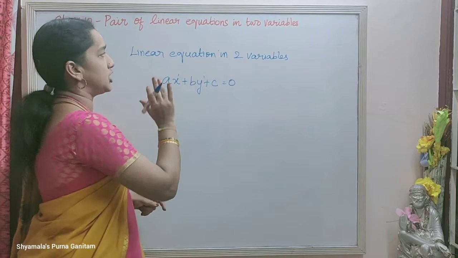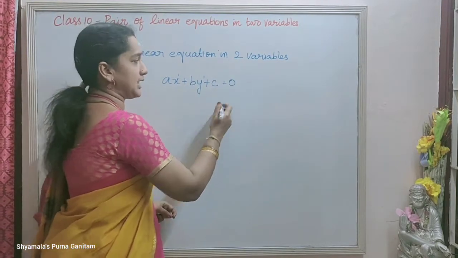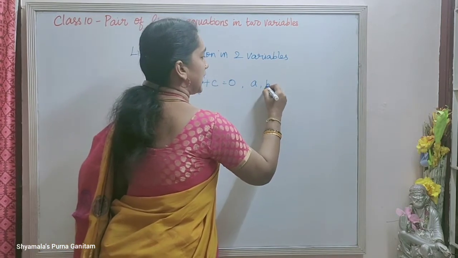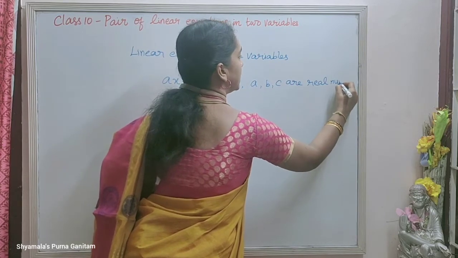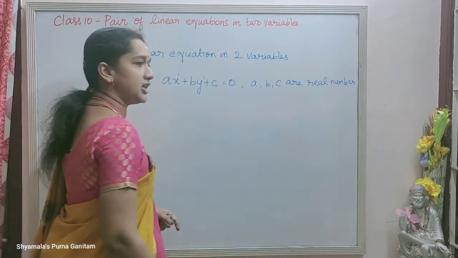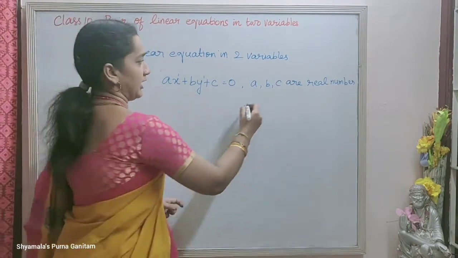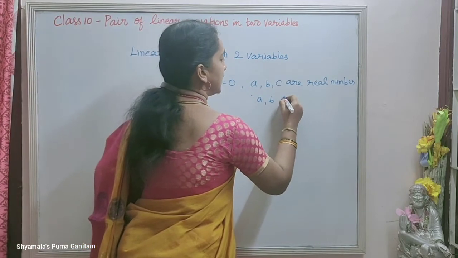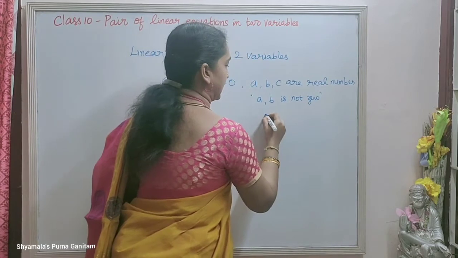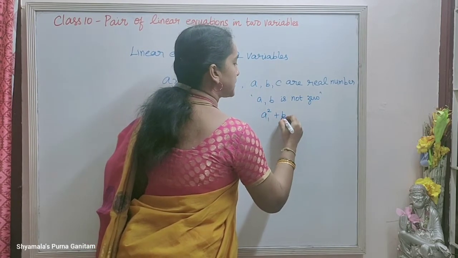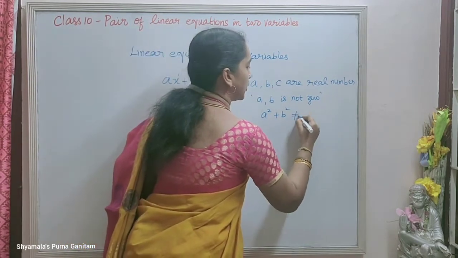So this is the general form of the linear equation in two variables, that is ax plus by plus c is equal to 0, where a, b, c are real numbers, and one more condition is there, that a and b are not both 0. So in general we will say a squared plus b squared not equal to 0.